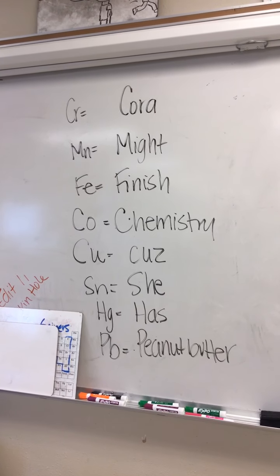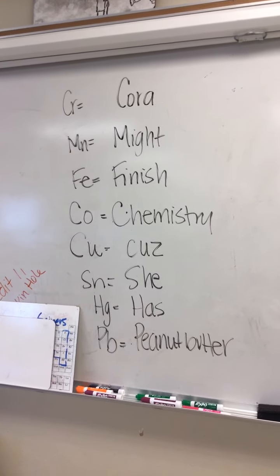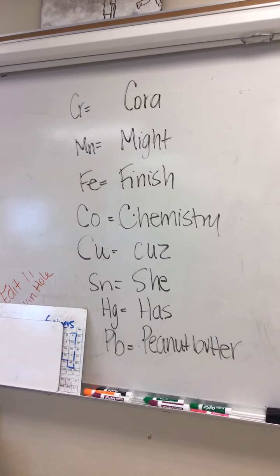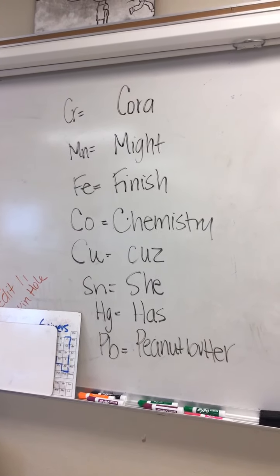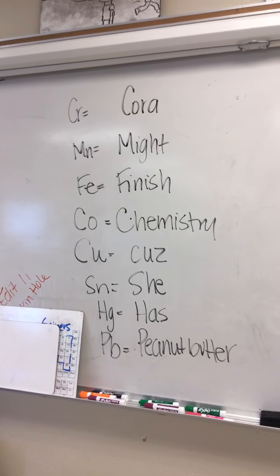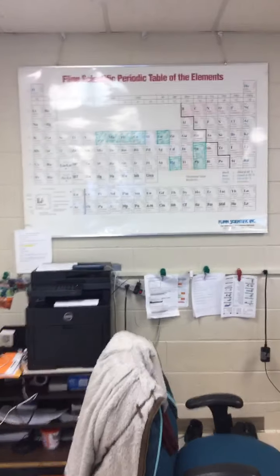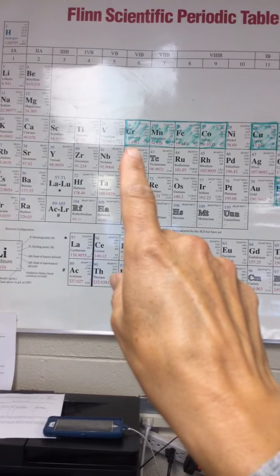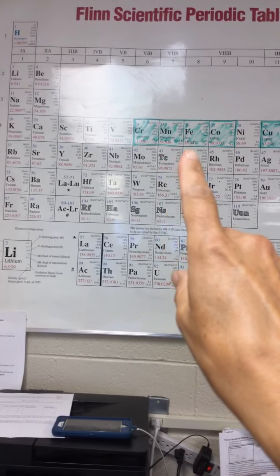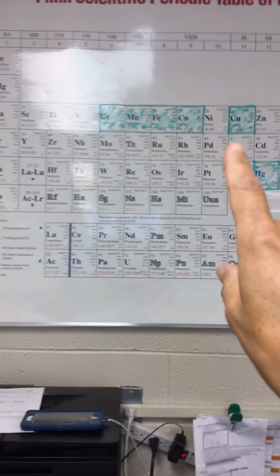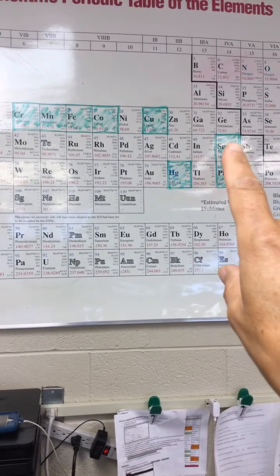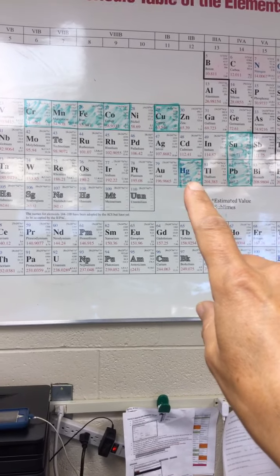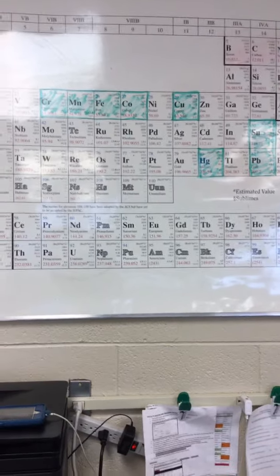Her mnemonic to memorize these, if you'd like one of those, is Cora might finish chemistry because she has peanut butter. She might have been a little hungry during 3rd period when she came up with that mnemonic. But if you notice, the Cora is for the chromium, might for the manganese, finish chemistry because she for the tin, has for the mercury, and peanut butter for the lead. That's a handy mnemonic, okay?